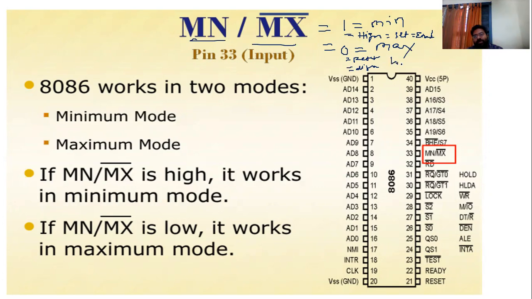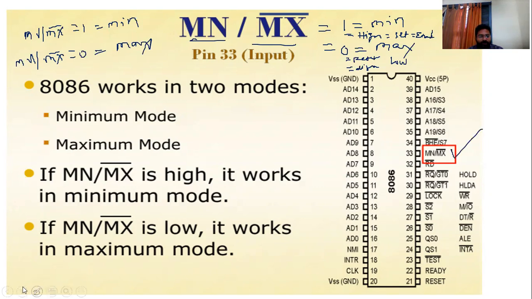So if MN/MX bar is equal to 1, it will work as a minimum mode. MN/MX bar is equal to 0, it works as a maximum mode. So for that purpose, we are using this pin.